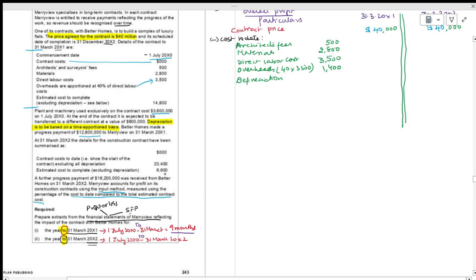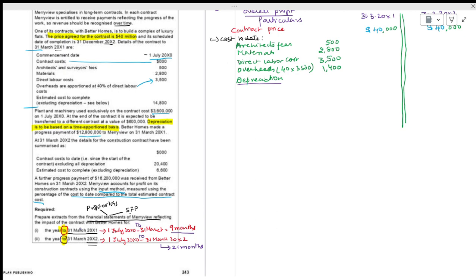Here 9 months are there. In this case, how many months are there? It is 12 months. 21 months. Is it 21 months? Depreciation, what we have to do?